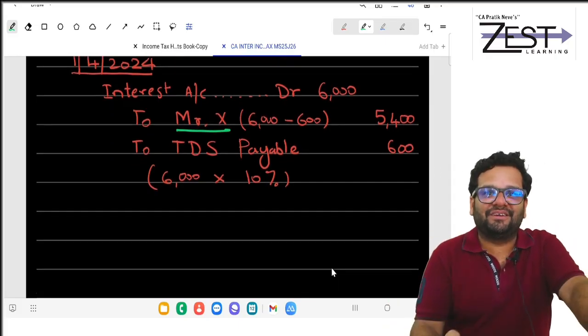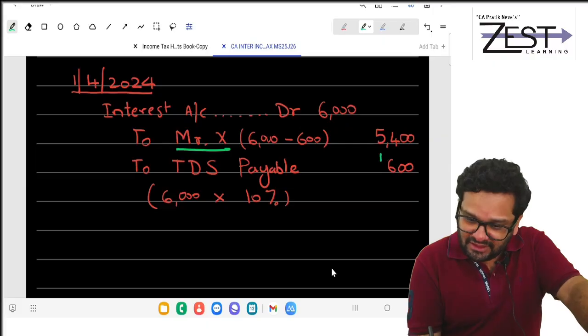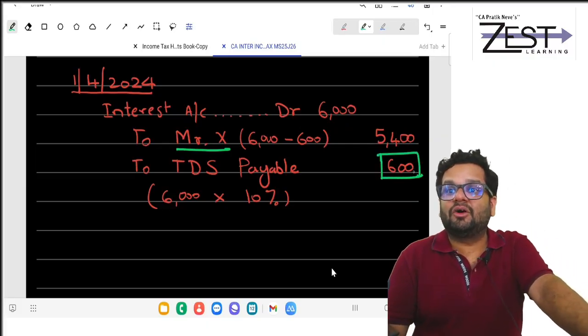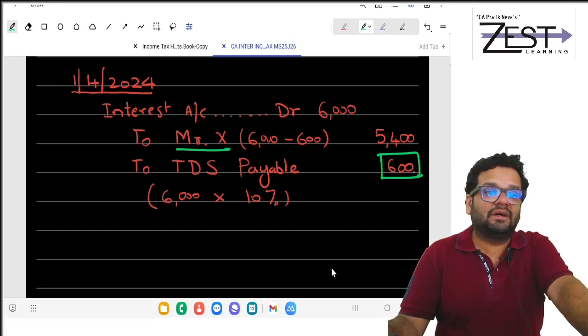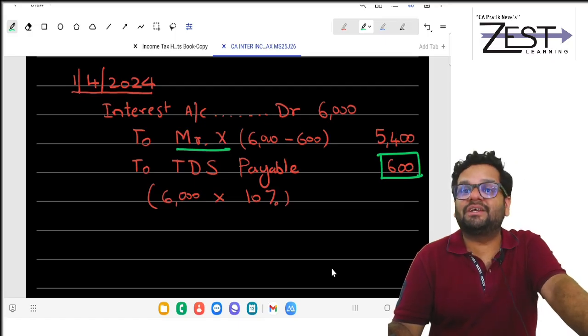So what to do now? On 1st April 2024, in short, what is the government saying? This 600 never belongs to the assessee initially. It belongs to whom? Government. That's why you pay TDS.